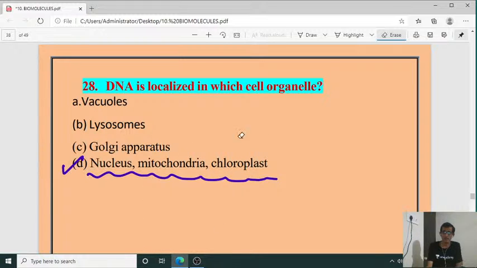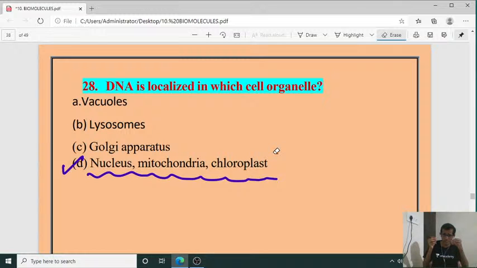Both are present. Chloroplast DNA is in the chloroplast, mitochondrial DNA in the mitochondria. That is a circular type of DNA molecule. In the nucleus of a eukaryotic cell, the chromatin threads will form the chromosome under condensation. So the nucleus, mitochondria and chloroplast all have DNA.